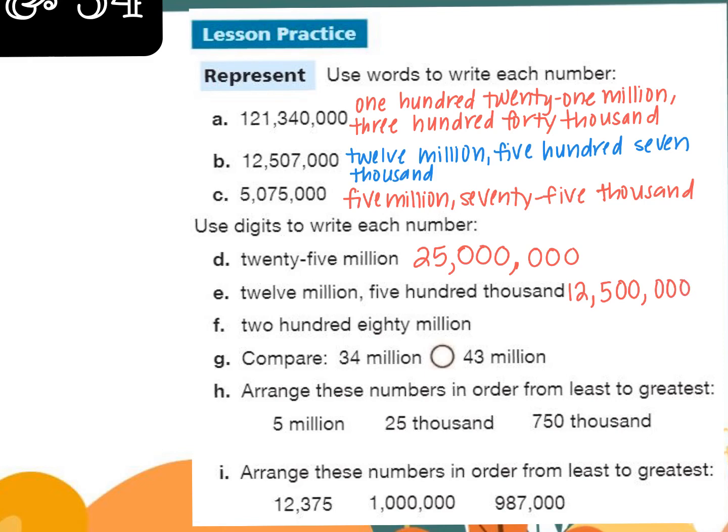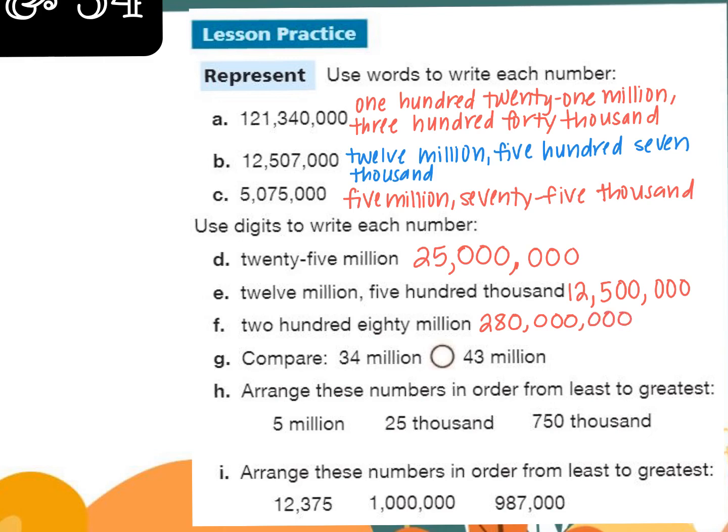Wonderful. F, what does 280 million look like? 280, and then just put a comma. And then 0, 0, 0, 0, 0, 0.